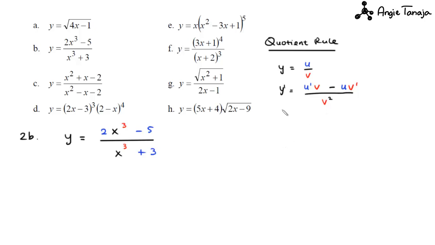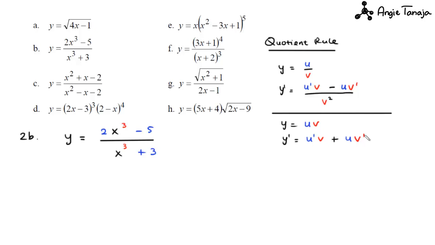Or for example, if it is multiplication, y equal to, let's say, u times v, so y prime equals u prime v plus u v prime. When you compare the quotient rule and the multiplication rule, actually they are quite similar. The difference is only the sign. This one is negative, while this one is positive. And for quotient rule, you have denominator, while multiplication you don't have denominator.